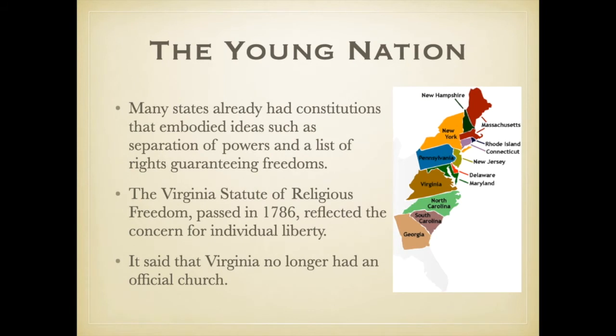Many states already had constitutions that embodied ideas such as separation of powers and a list of rights guaranteeing freedoms. The Virginia Statute of Religious Freedom, passed in 1786, reflected the concern for individual liberty. It said that Virginia no longer had an official church.